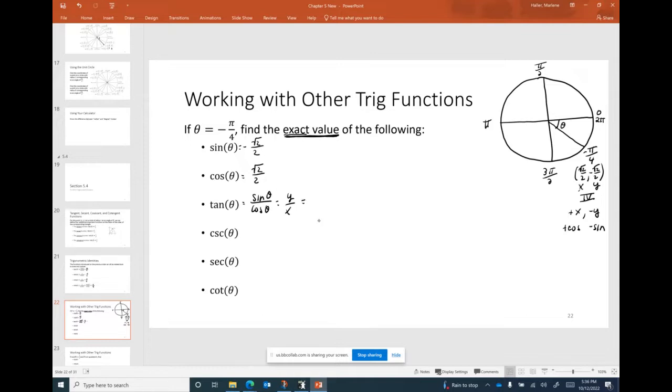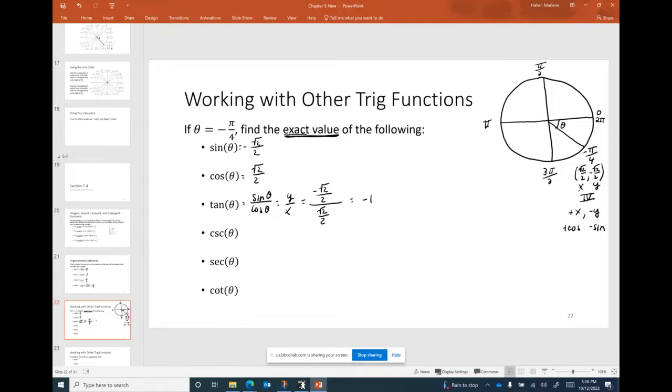So for the value of the tangent of theta, since y, or the sine, is negative square root 2 over 2, my numerator is going to be negative square root 2 over 2, and my denominator is going to be positive square root 2 over 2, which simplifies to simply negative 1.